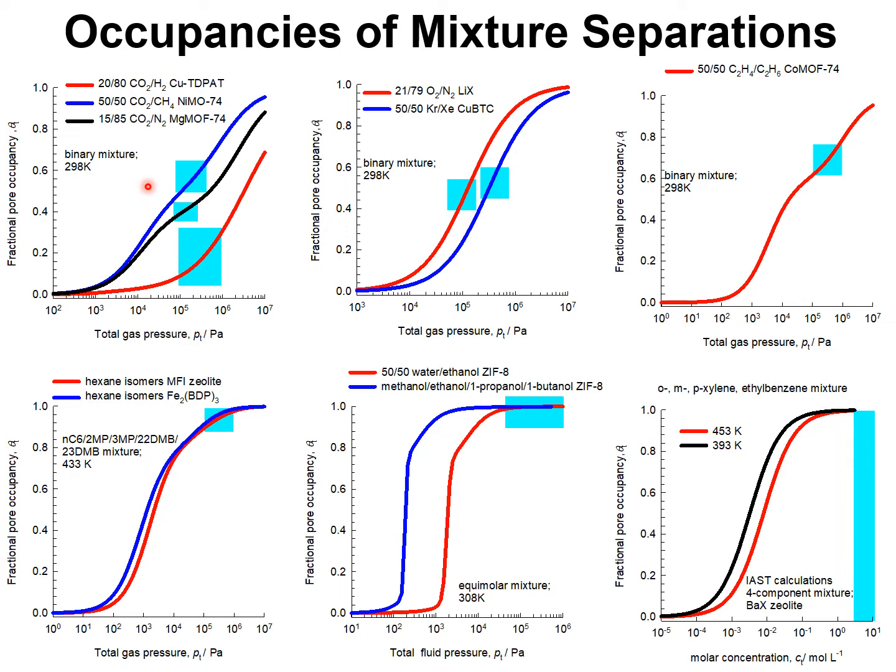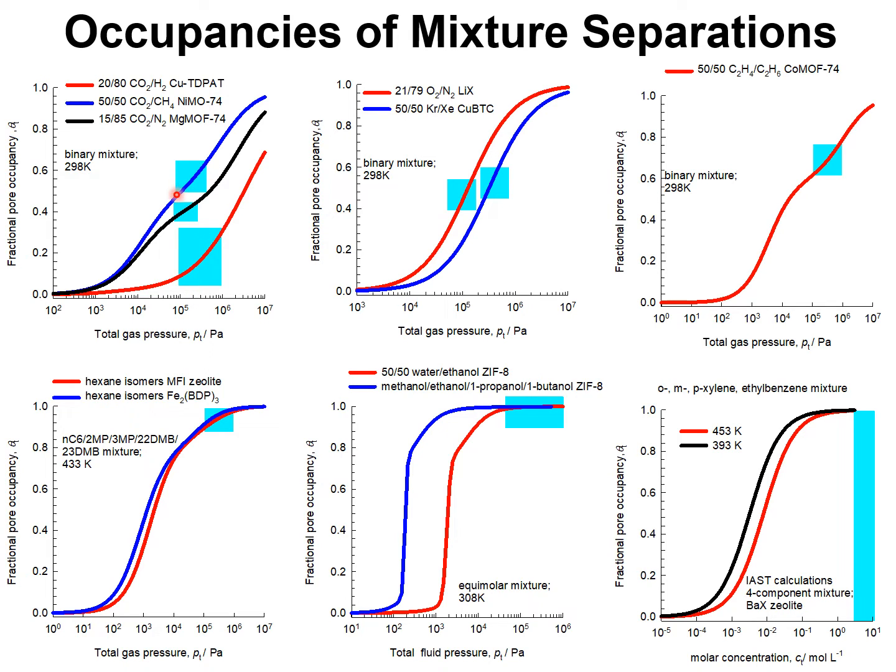Let's begin with CO2 hydrogen mixtures. Even if we operate at pressures ranging to 1 megapascals, the pore occupancy in the MOF CuTDPAT is less than about 0.3.